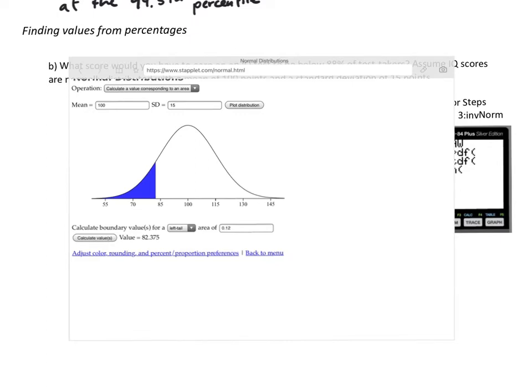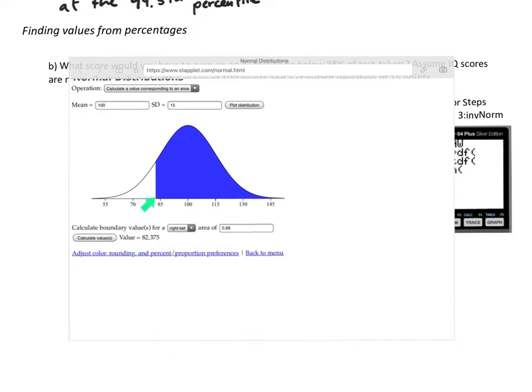That's shading the bottom left side. But how much area should be over here? If down here is 12%, then up here in this white area should be 88%. So let's try it the other way around. Let's change the calculation to a right tail, and change the percentage to 88, and calculate. We get the same answer, 82.